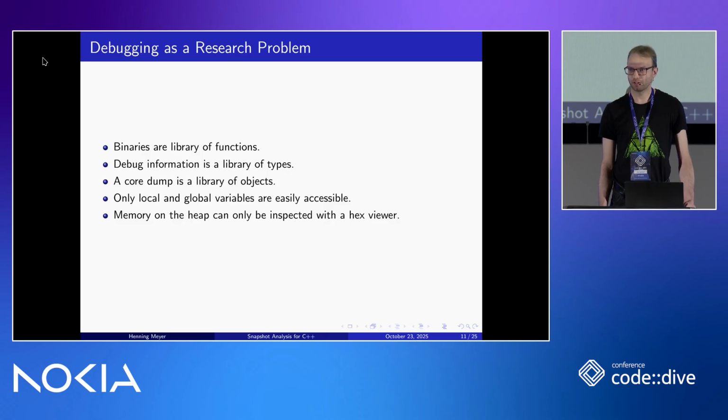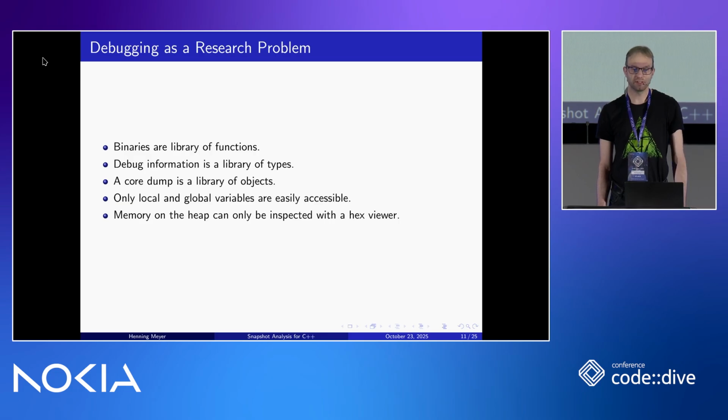So if we take a step back and look at this at a higher level of abstraction, then we have our programs. And if you do this as a research problem, then I think of programs as a library of functions. Our debug information is a library of types. And a core dump is a library of objects.